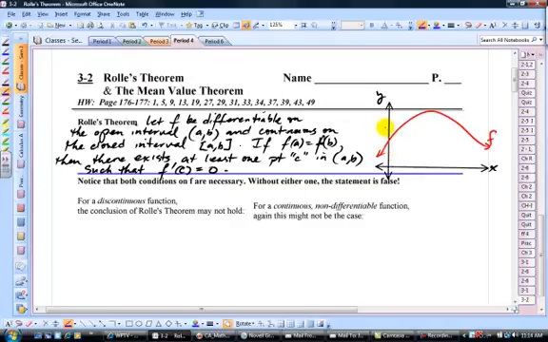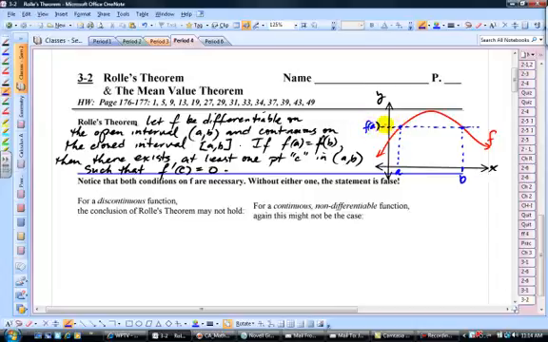So check this out. Let's suppose that this point right here is a, and over here this value is b. So those are values on the x-axis. a could be 1 in this case, and b could be 10. So our interval could be from 1 to 10. If you look at a here, if you go up to the function and move left to the y-axis, we call that f of a.